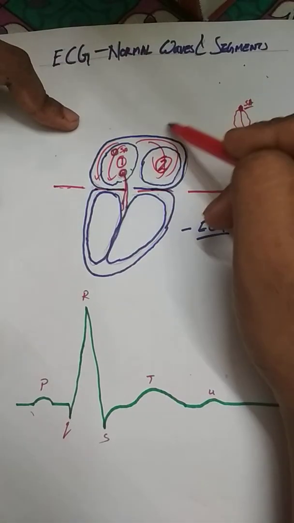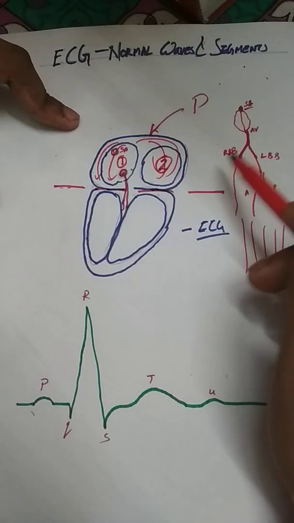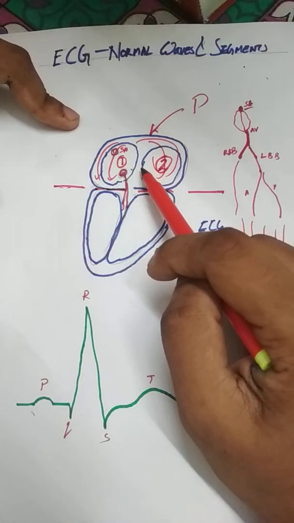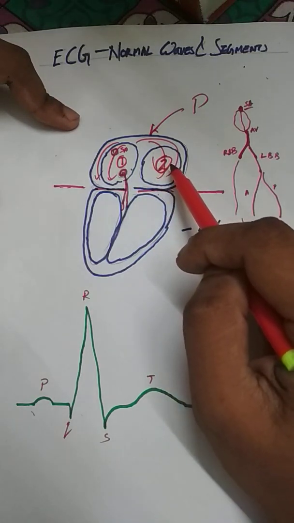So the P wave represents the depolarization of the right and the left atrium.